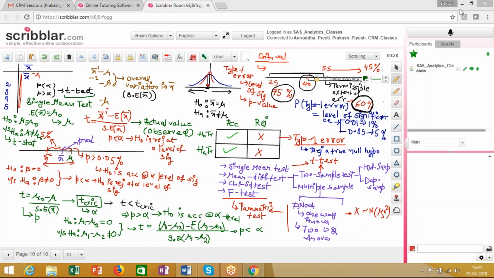Sample size, okay. Anything else? Right, variance. Absolutely correct, Anirudh.